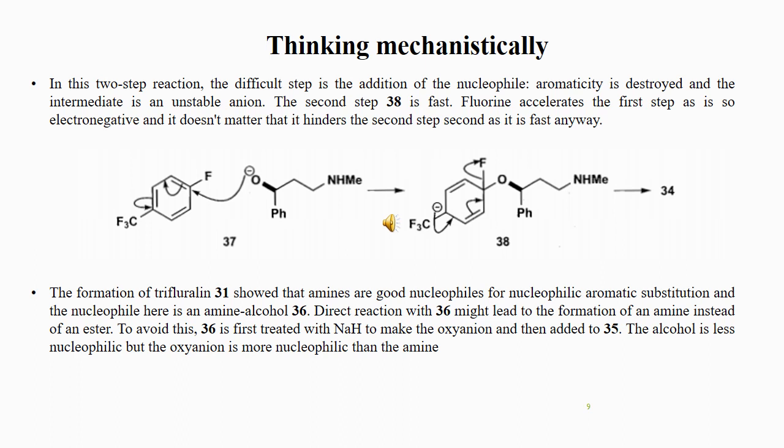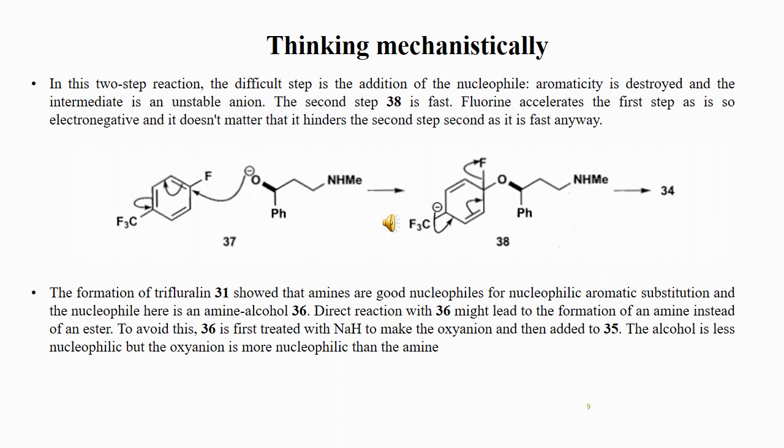Now, in the formation of trifluoroarylene 31, we showed that amines are good nucleophiles for nucleophilic aromatic substitution. The nucleophile here is an amino alcohol, that is 36. Direct reaction with 36 might lead to the formation of an amine instead of an ether.